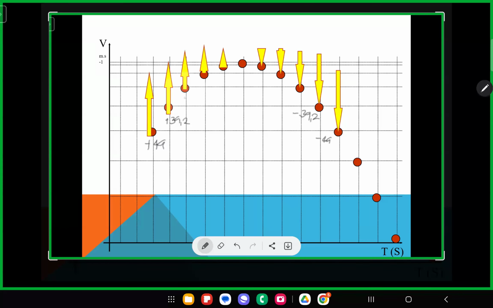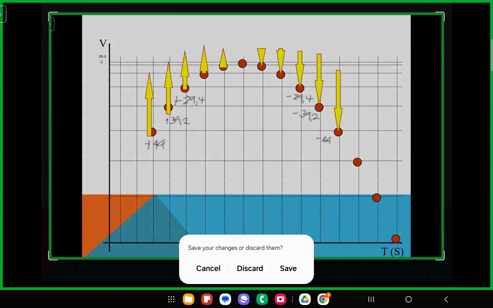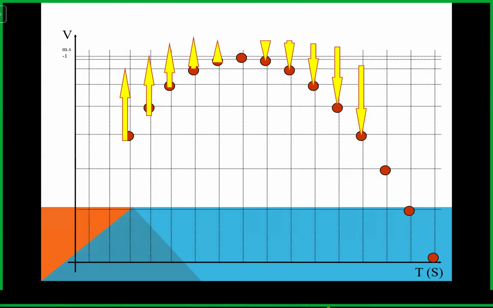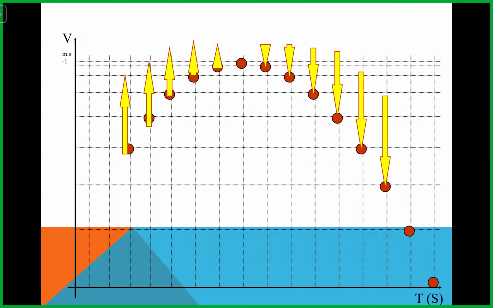That's 29.4. That's minus 29.4. You don't have to worry how I got these values. Now, once it goes below the starting position, the velocity just gets larger and larger and larger. And when it's about to hit the ground, you will find the largest negative velocity.